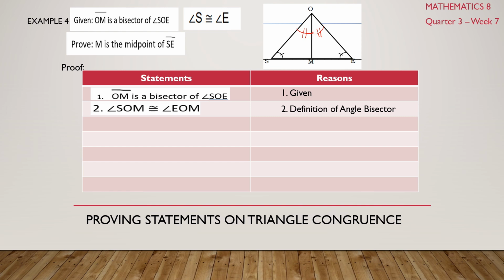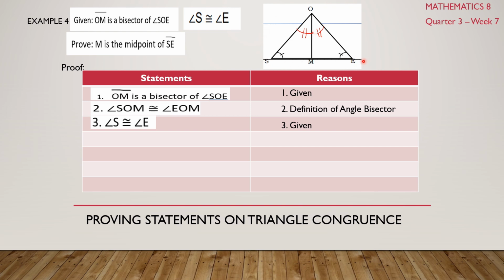Next. For our third statement, since meron pa tayong given statement dito, we have angle S is congruent to angle E. Our reason is given. Okay. For our fourth statement, tingnan natin itong triangle na to. Meron siyang given na two congruent angles. These are the base angles. Therefore, this triangle is an isosceles triangle.